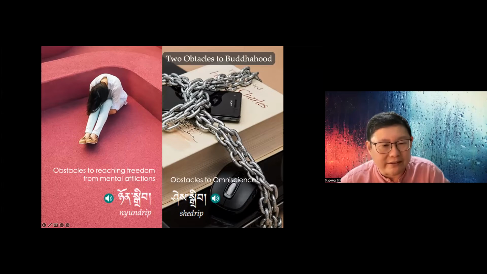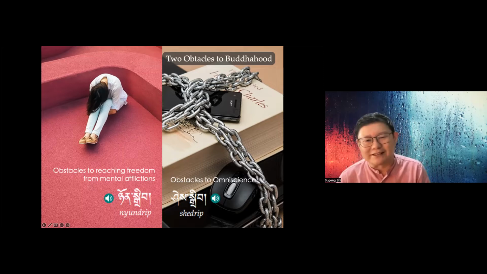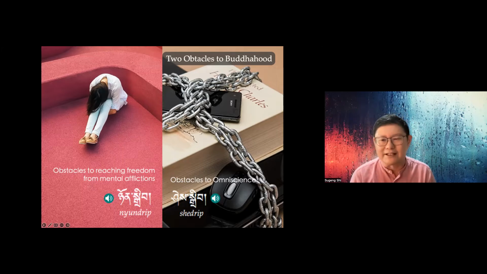Obstacles to mental affliction, or negative emotion, is very important. And we are going to cover this in the next Level 6 happening next month. If you have not registered for this, please find any organizers running the course so that you can learn.